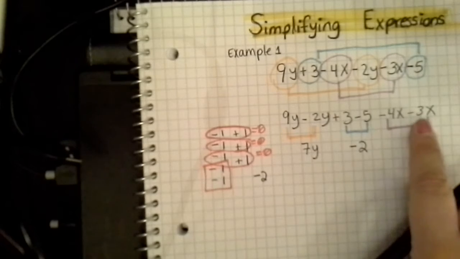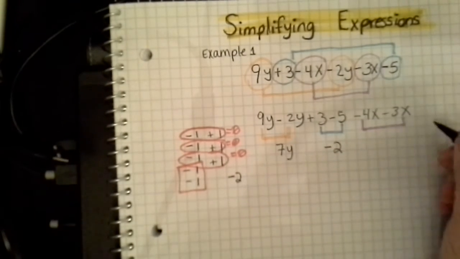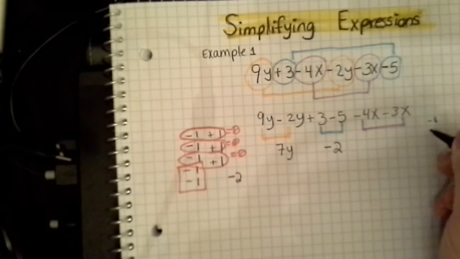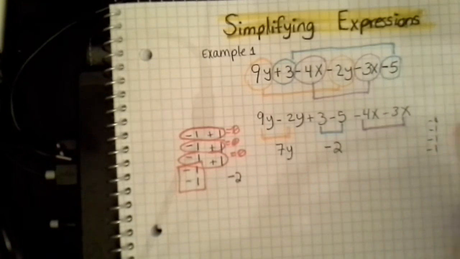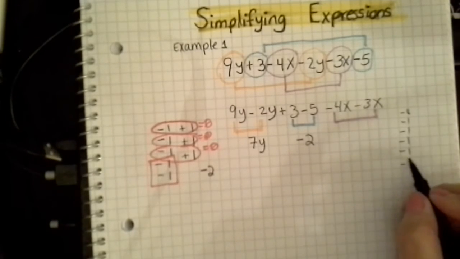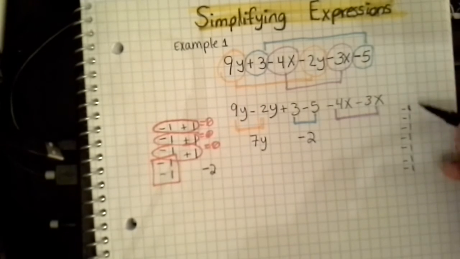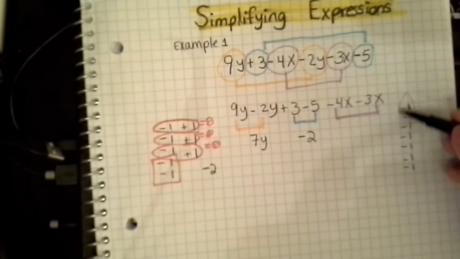Now I have a negative 4x and a negative 3x. They're both negative. That means that I have a negative 4, and negative 1, negative 1, negative 1 more. That's negative 4. I have 3 more negatives. I don't have any positives on the side to make any zeros. So how many negatives do I have? 1, 2, 3, 4, 5, 6, 7.